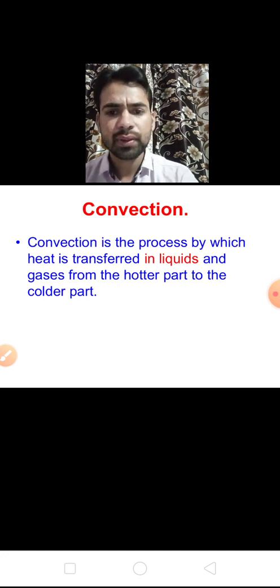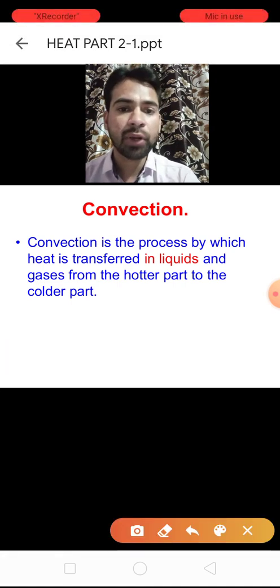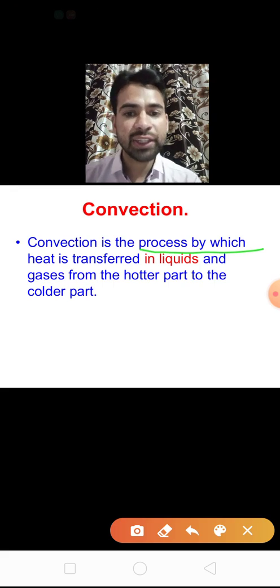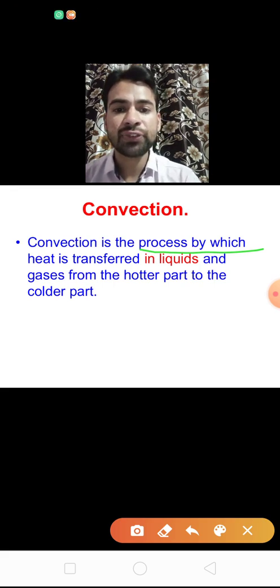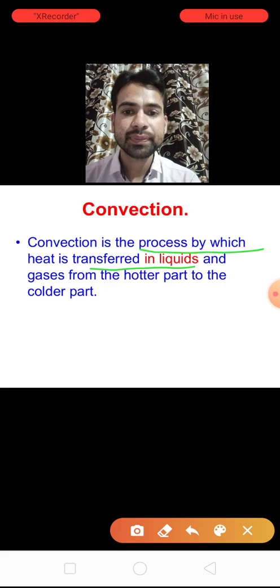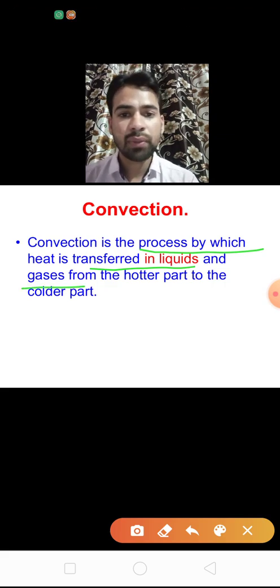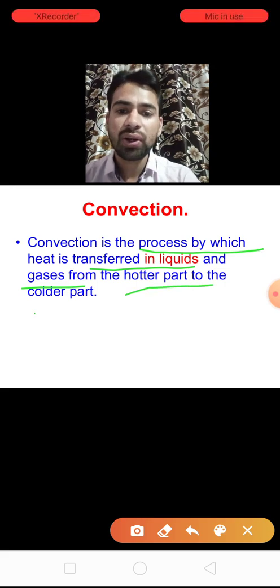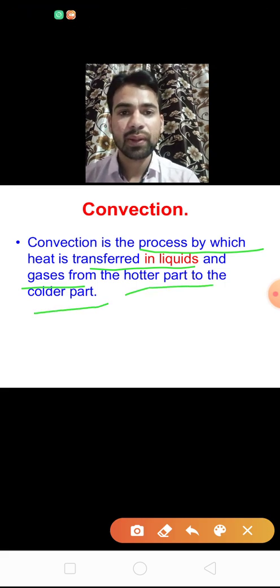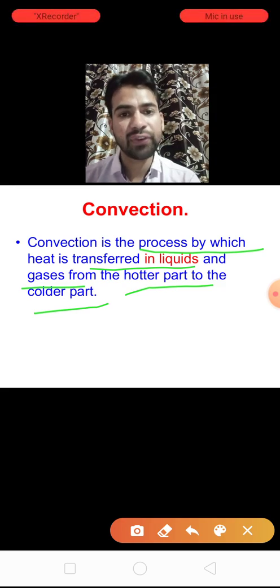See here, convection is the process by which heat is transferred in liquids and gases from the hotter part to the colder part. So the definition will be the same but the example differs.